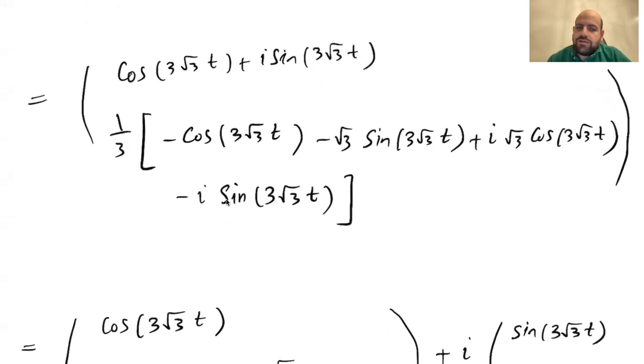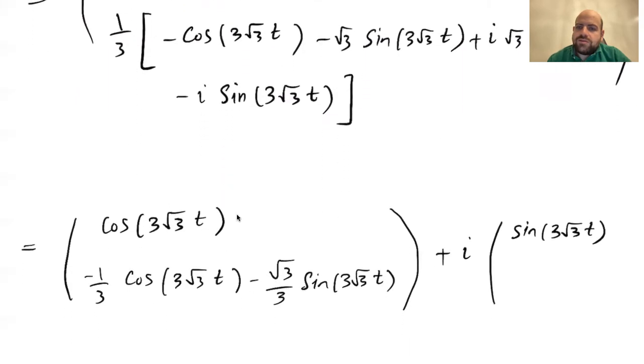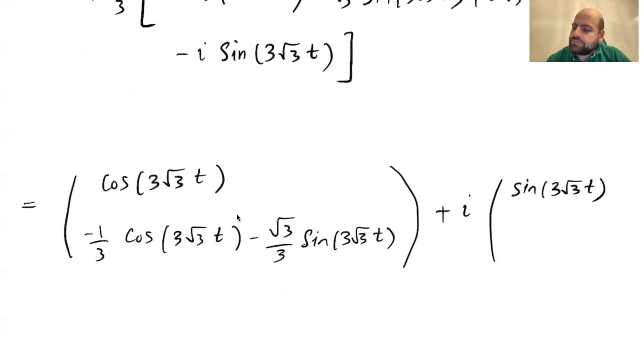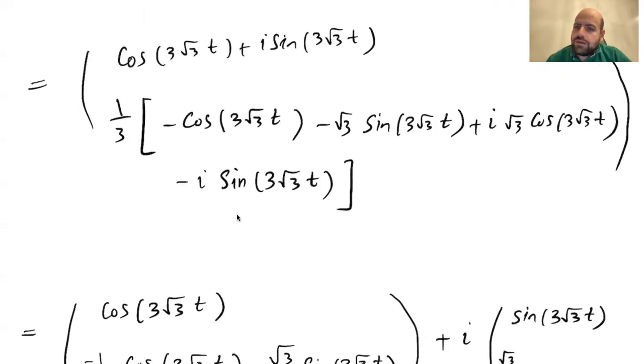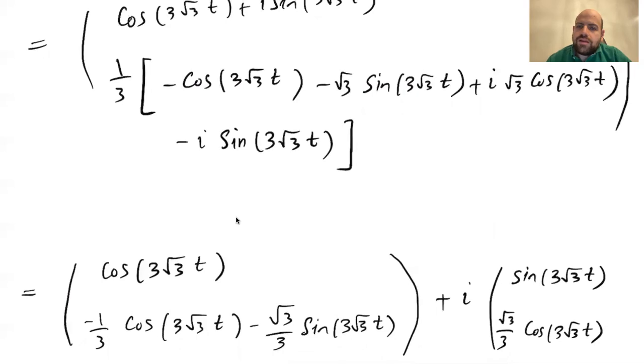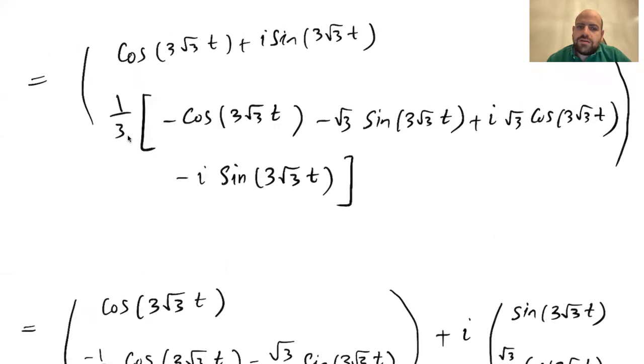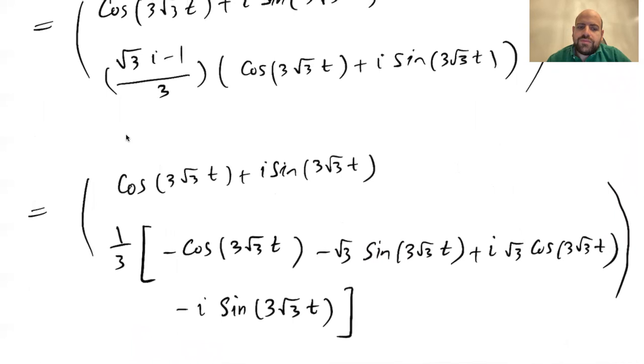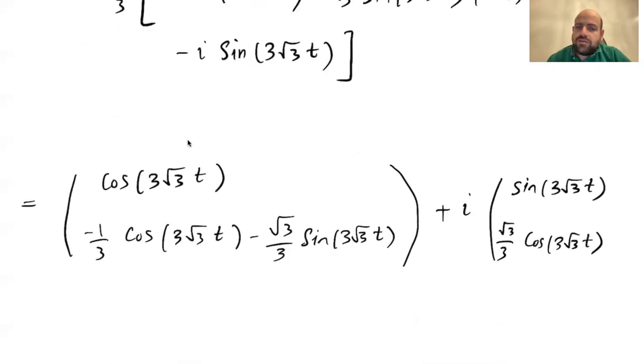And for the second one, 1/3 times this and 1/3 times this: root 3/3 cos 3 root 3 t, minus 1/3 sine 3 root 3 t.